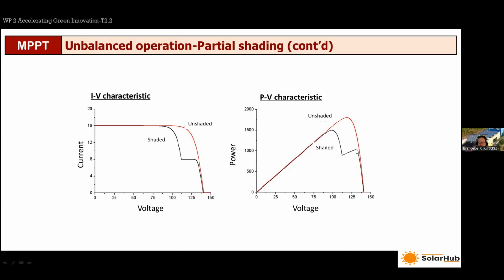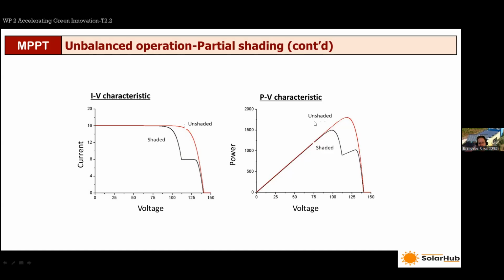So it could end up here, for example, or here, depending on the initial condition. Ending up here is a fine result because it has detected the global maximum in this case, but ending up here is not good, right? We don't want that.